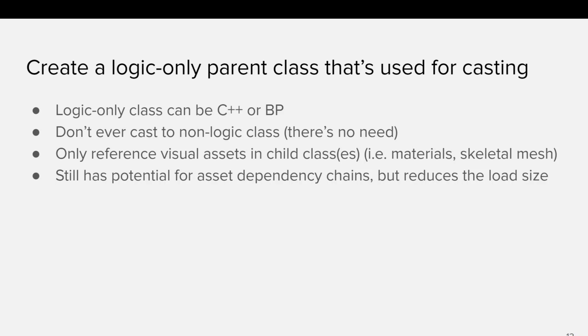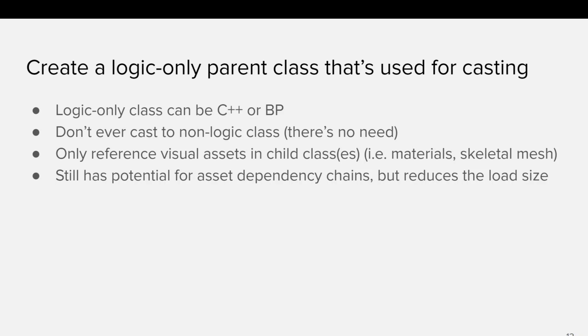But you could do it in Blueprint, where you have a blueprint that only has functions, it only has logic, it doesn't have any textures or anything like that. You can define the components or the default variables, and then you create a child class of that class, where you actually say, it's this skeletal mesh, it's this material, it's these things in the defaults panel.